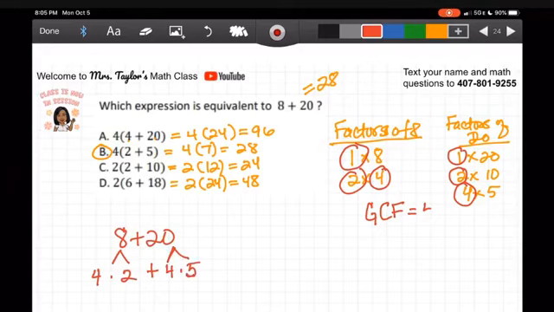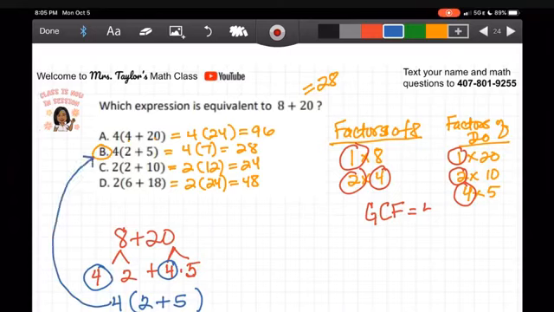Okay? So you need to factor out the GCF, which is going to be the 4. So when you take the 4 out, in the parentheses, what's left over is your 2 plus 5. That's what they want the students to recognize. That's how they got to really this answer here.